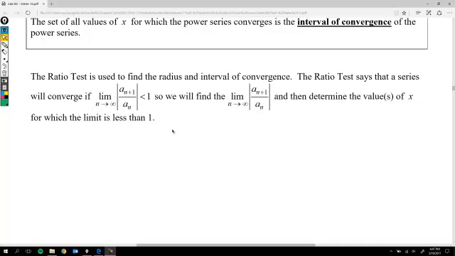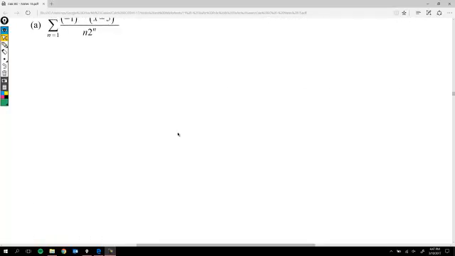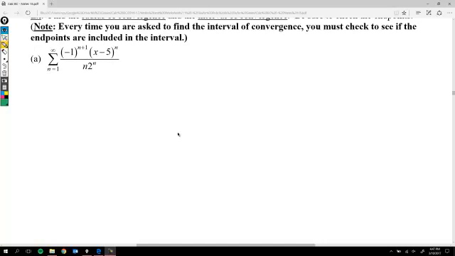The nice thing is we're going to use the ratio test, which you already know. So it behaves very similar to series, like Taylor series or series which we did before. Let's do an example. So I'm going to start by doing the ratio test.